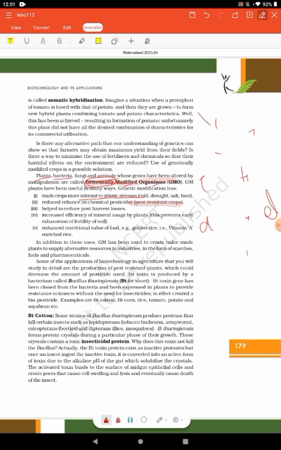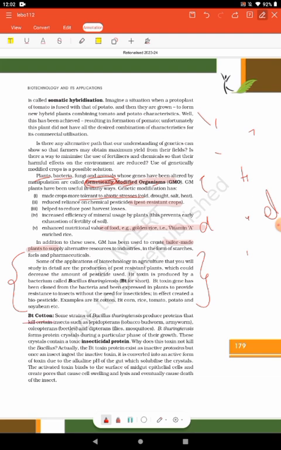One example of this is golden rice. You have to remember the examples, because examples are directly asked. The most important example used in genetic modification is Bt cotton.